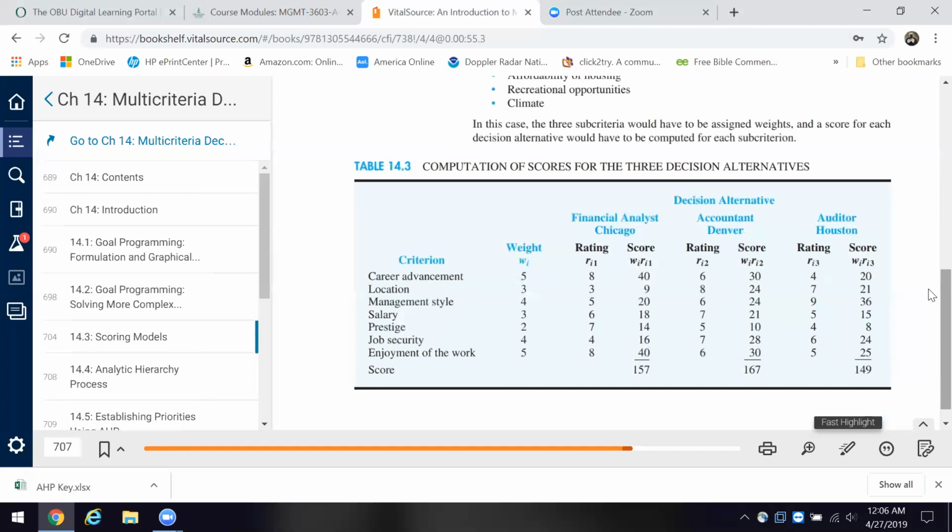And the difference between the median, 157, and the lowest score, 149, is 18. So we see a larger gap between the median value and the lowest. It's twice as large as the one between the median and the high score.